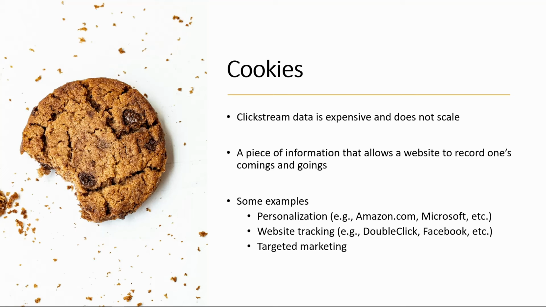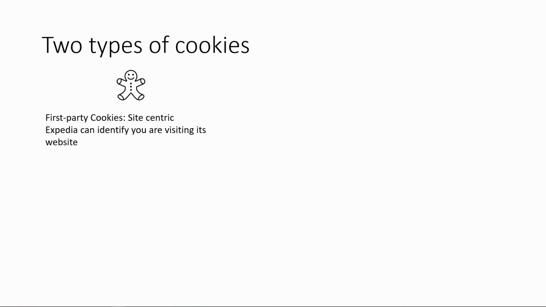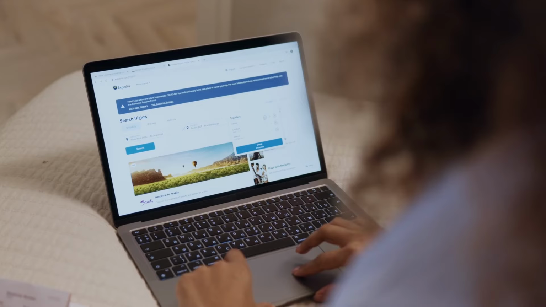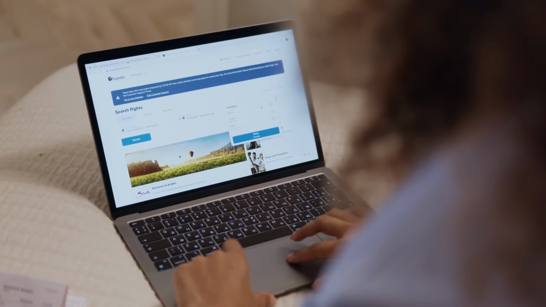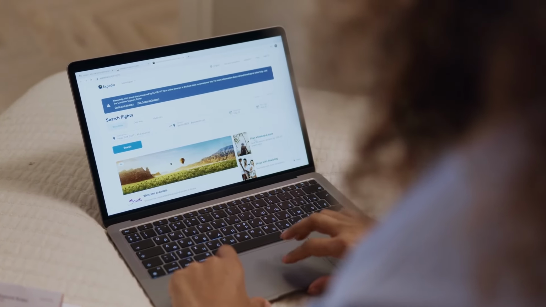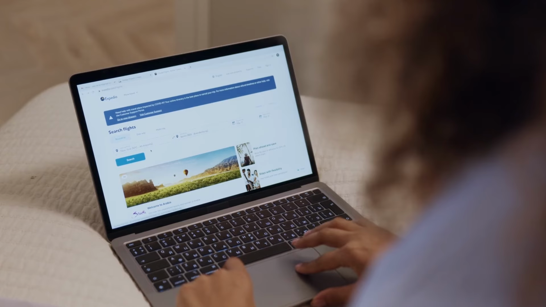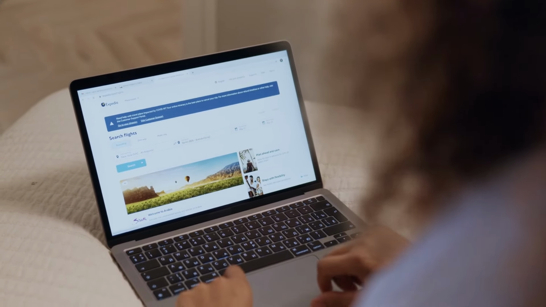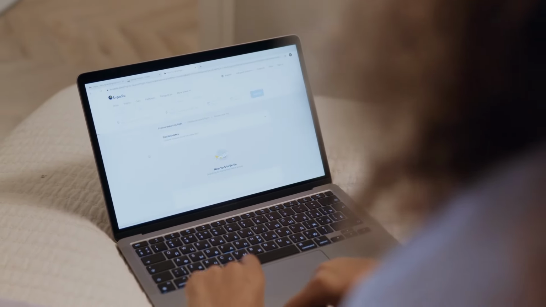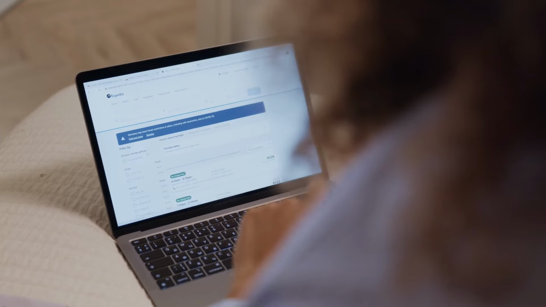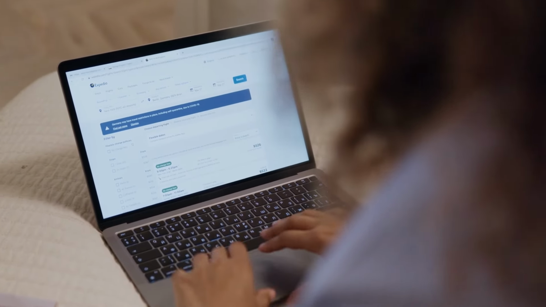There are two types of cookies. So first, the easier to comprehend type of cookie is first-party cookie. They are site-centric. By site-centric, I mean you are Expedia, so you drop an Expedia cookie on the local computer. Using that cookie, Expedia can identify you are visiting its website.